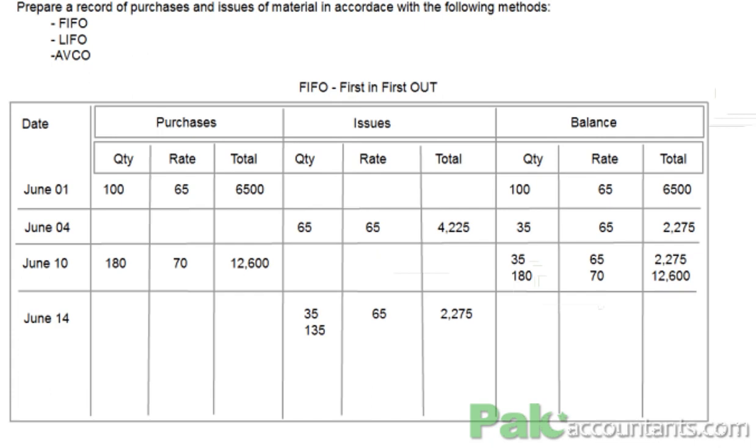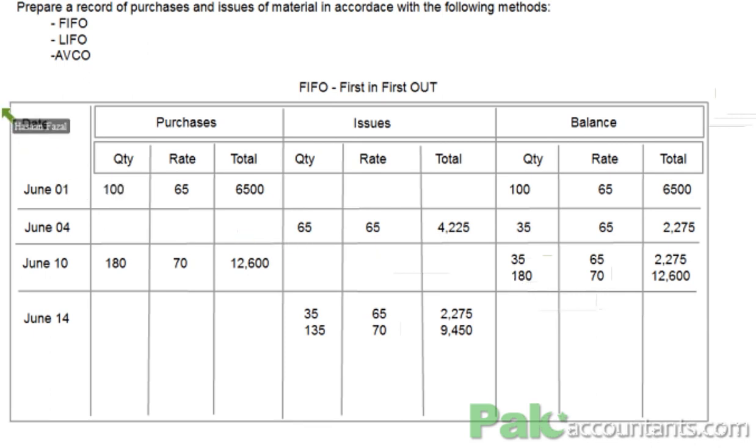Another 135 units will be issued at the rate of 70. Okay, and for that we have the value of 9,450.